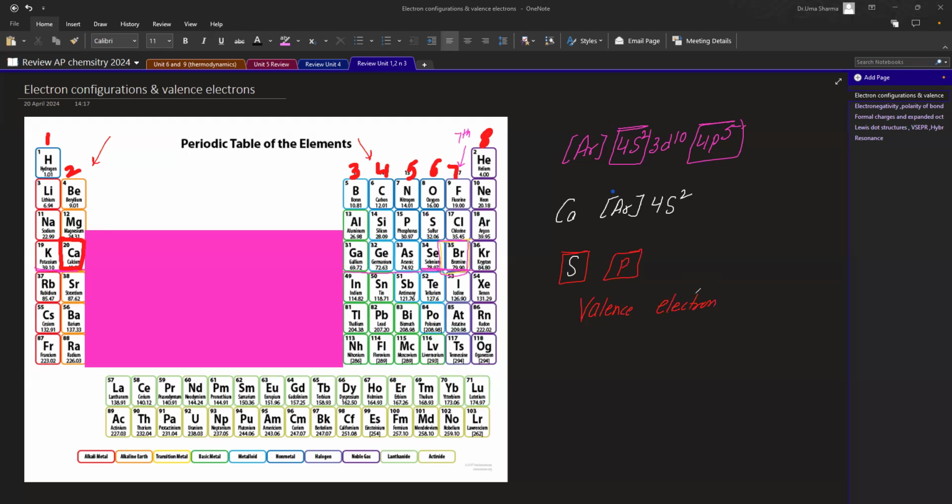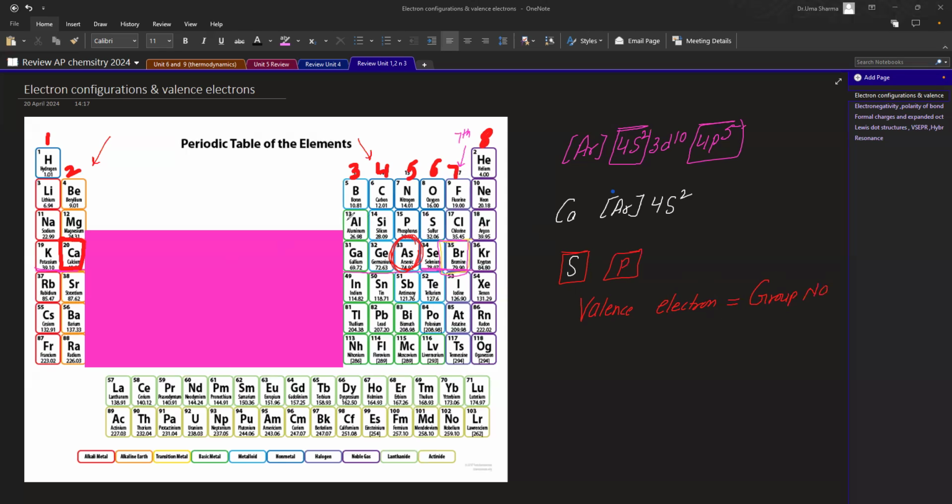If I just block the D block, D and F, valence electrons is the group number. So you have to just look at the element, and if it is here, how many valence electrons? Arsenic? How many? 5, yes.